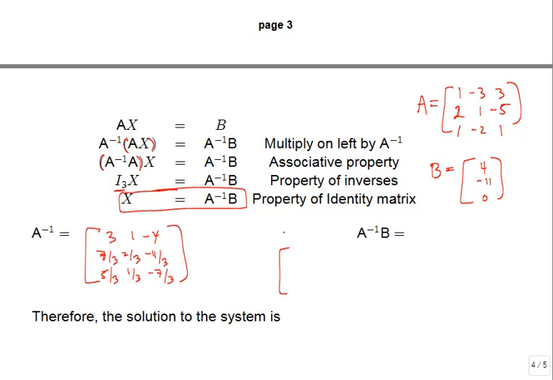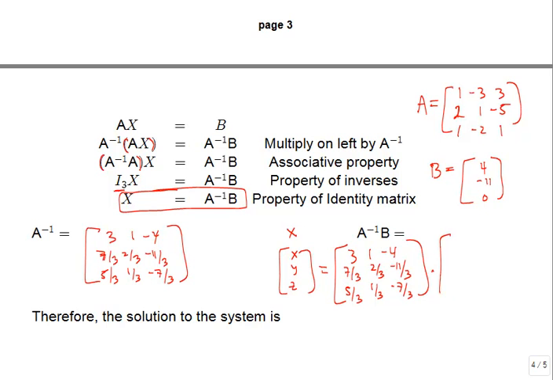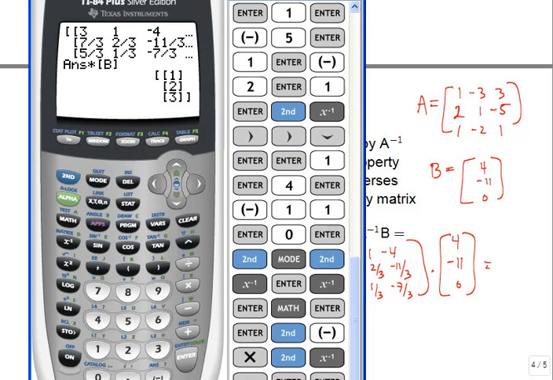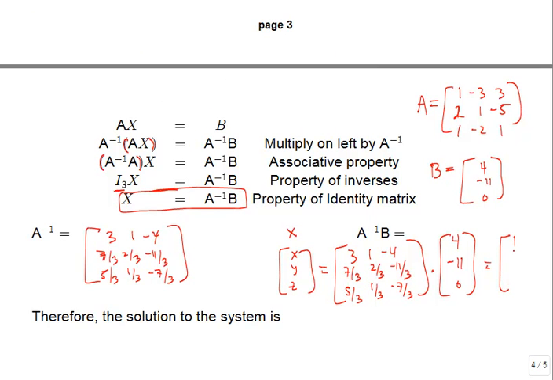Then remember our solution, which is this matrix X, which is X, Y, Z, that column, is A inverse times matrix B. And what we ended up with was 1, 2, 3.